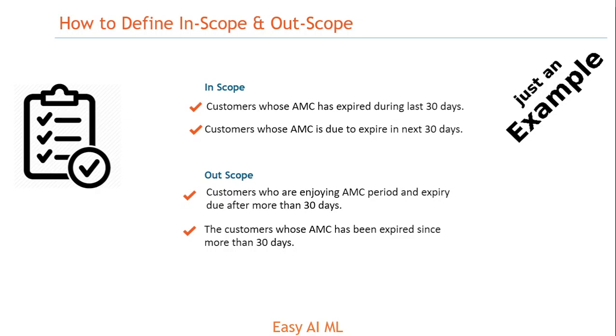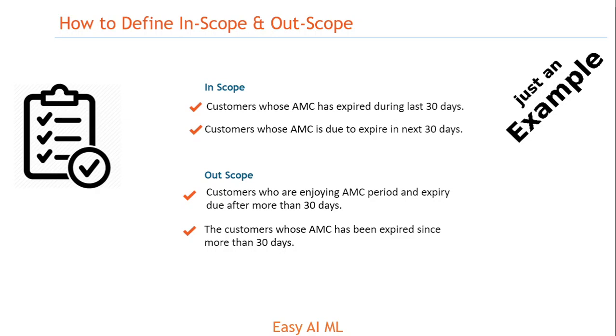I will generate the probability score only for these customers, so that company executives and FOS should put focus on them, because for the customers who are already enjoying AMC and will enjoy it for the next 7, 8 months or 9, 10, 11 months, the model should not bother.